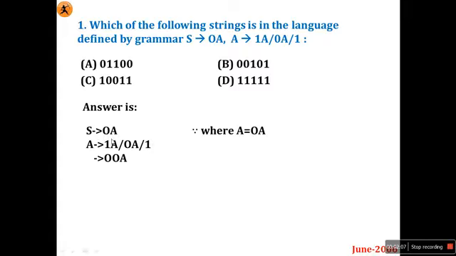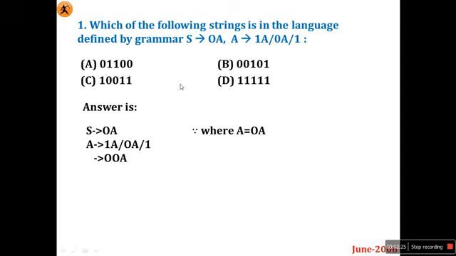Now you substitute 1A or 0A. Looking at the first iteration only, you can assume your answer starts with 0, because the initial production starts with 0. Definitely your answer should start with 0.